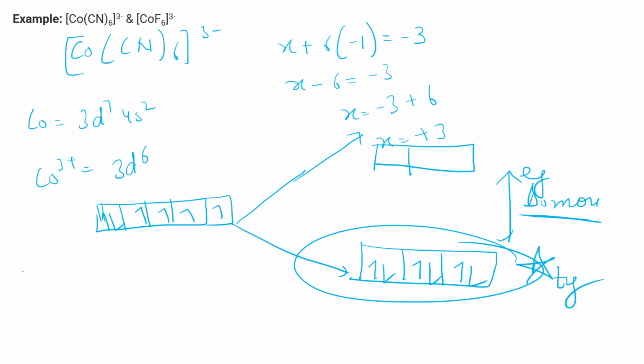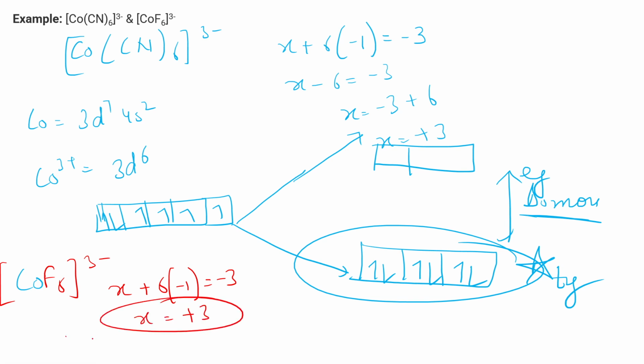But in the case of cobalt F6 3 minus, x plus 6 into minus 1 is equal to minus 3. Oxidation state will come out to be plus 3. Here, fluoride is a weak ligand.